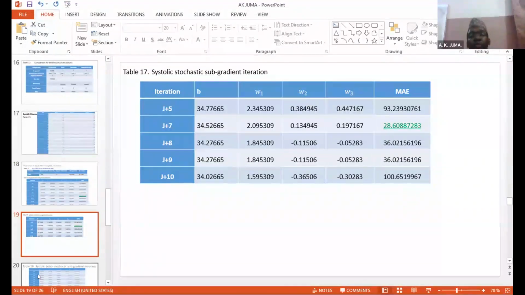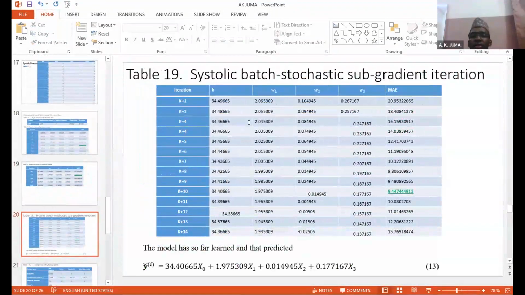Also we say, let's carry out our iteration using stochastic. You see iteration J plus 5, J plus 7. If you observe, iteration J plus 7 has an MAE of 28.60. From there, the next iteration increased, it started diverging, telling us using stochastic subgradient, this is the highest convergence it can go. Batch-stochastic subgradient: if you observe under row K plus 10, we have 9.44.